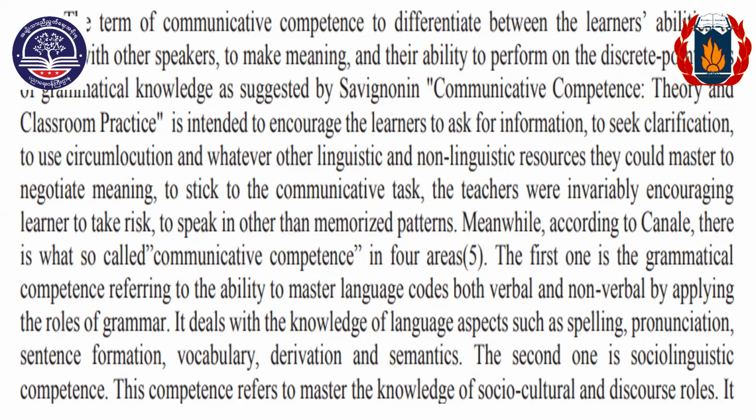That's why instead of telling directly, you can give them clues or a general concept or general idea. So the student will ask for further information or they will demand a further explanation. In this way, they will negotiate, they will mentalize to get the meaning by themselves, to speak in other than memorized patterns.